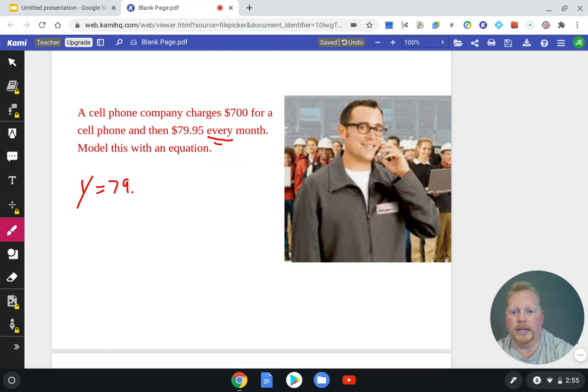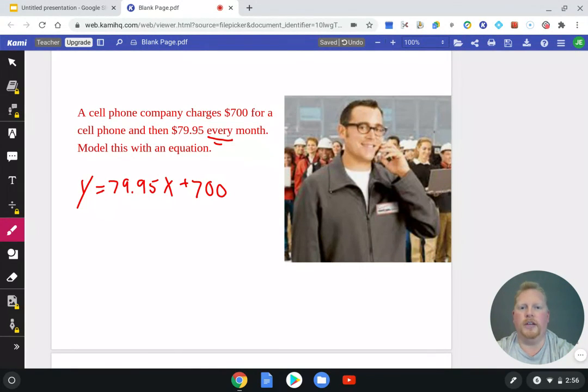So $79.95 x. And then what's our initial value? Well, before you can start using the phone every month, you got to pay $700 just to get the phone. So that's our initial value. That's our y-intercept. So there's our equation right there. Y equals 79.95x plus 700.